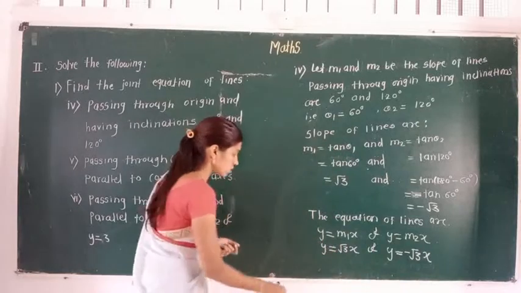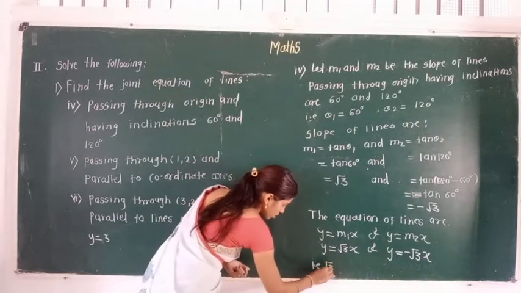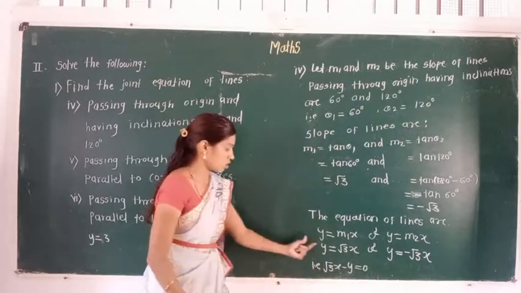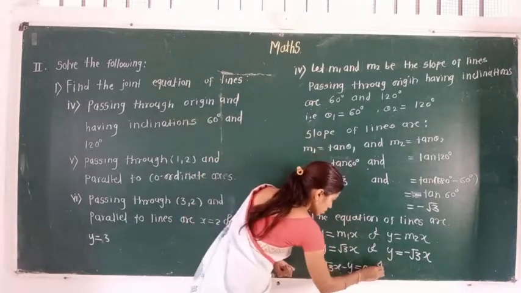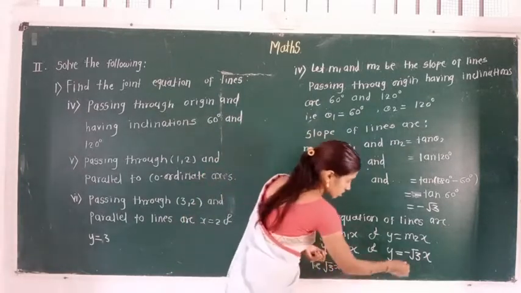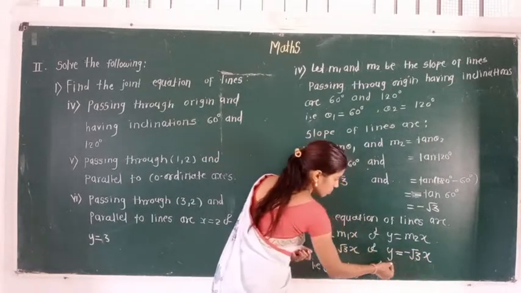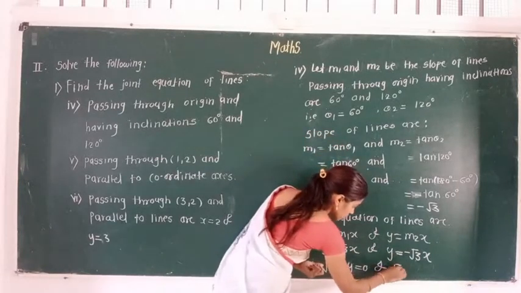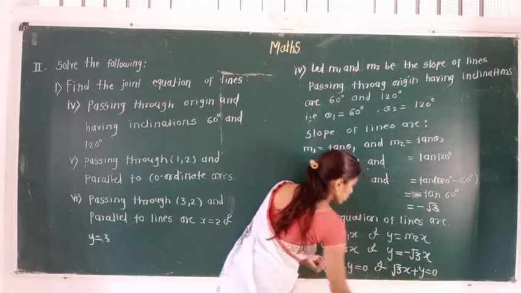The first equation we write as √3x minus y equals 0, transferring y to the right hand side. For the second equation, take the negative term to the left hand side, and we write √3x plus y equals 0.